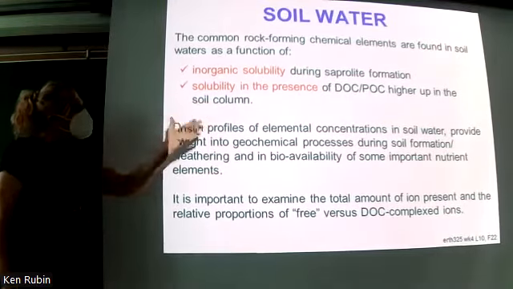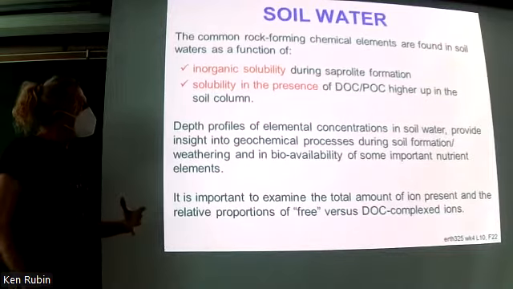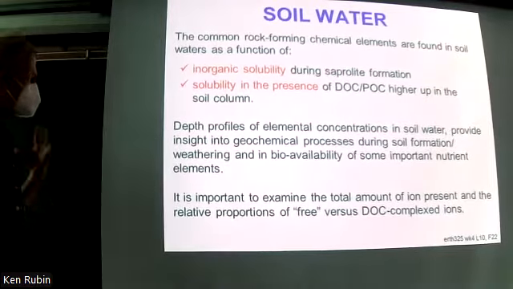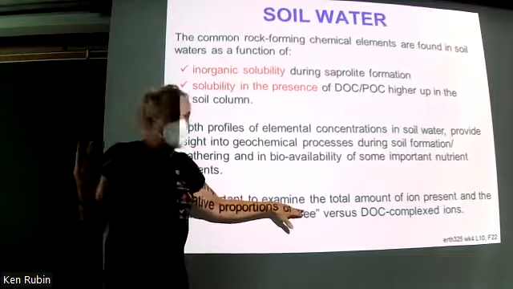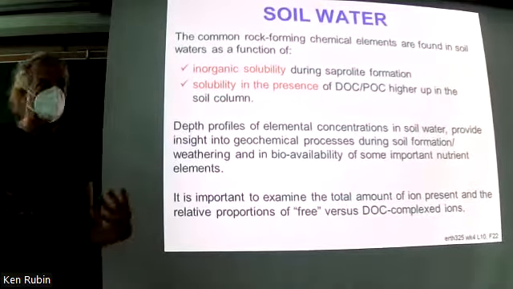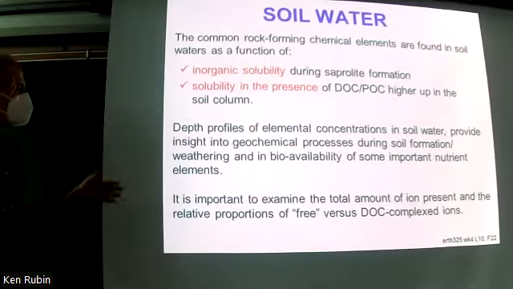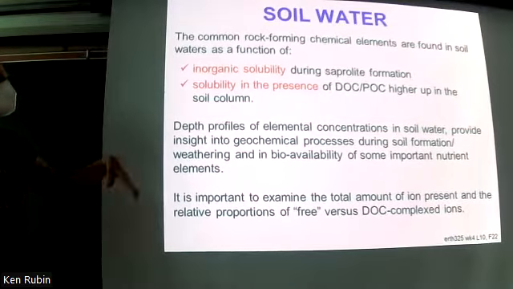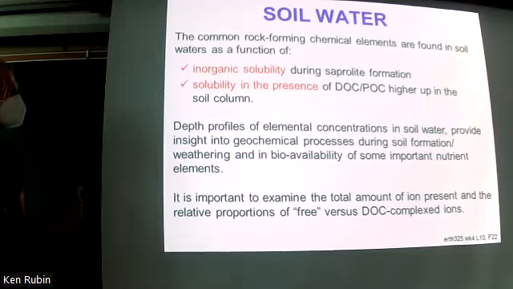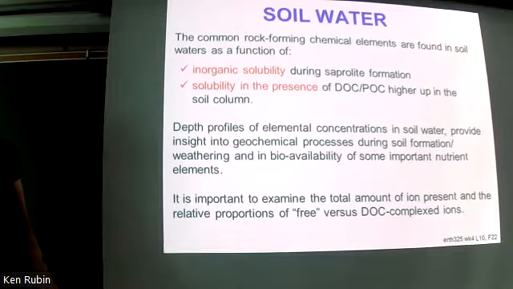Okay. And so we can look at soil water and we can say, all right, first off, what's there? And second off, is it free ion or is it complexed by organic carbon? And that's going to tell us something important, because the stuff that's complexed by organic carbon is likely to change as we go down through the soil horizon as a function of there not being much carbon when we get down low.